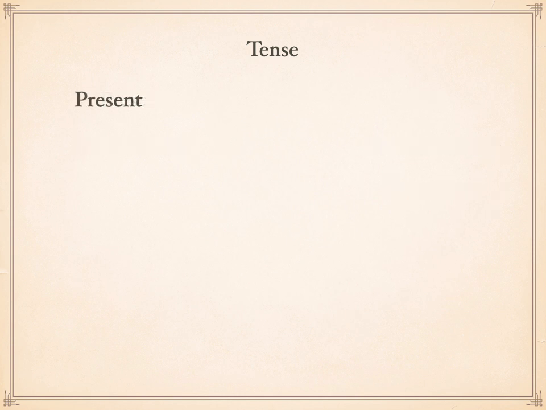Latin has three ways of doing this. For Latin, there's a present tense, there's something called the perfect tense, and then there's the imperfect tense. The present tense talks about things that are happening right now. So he is walking.